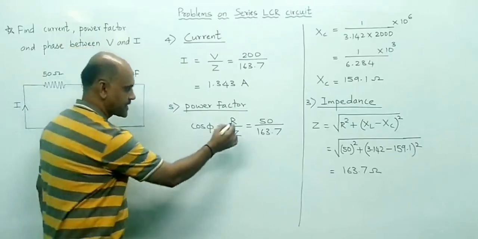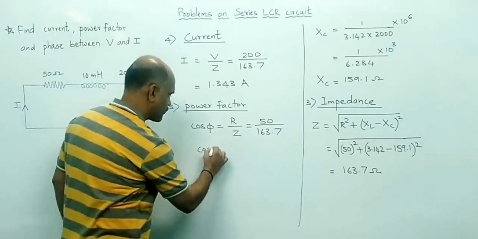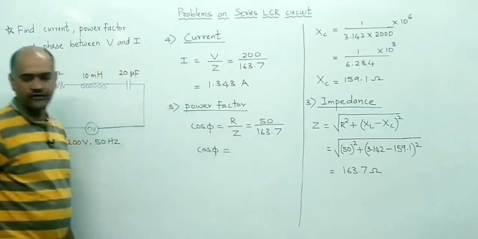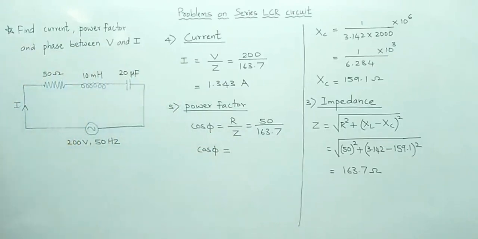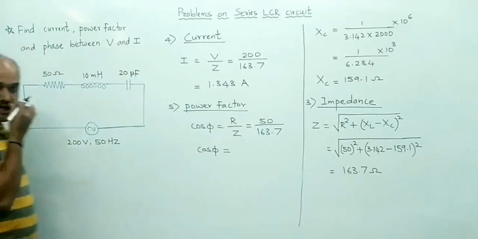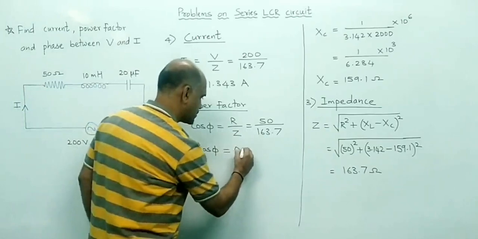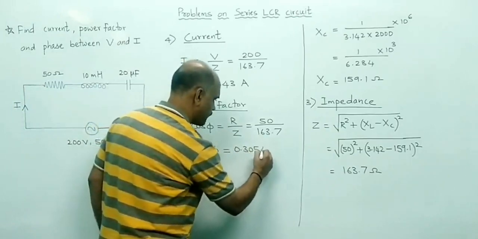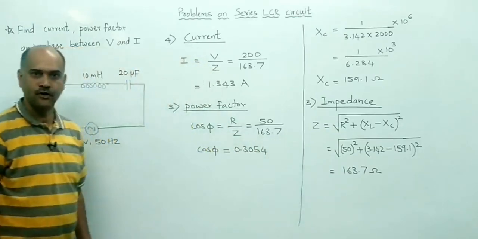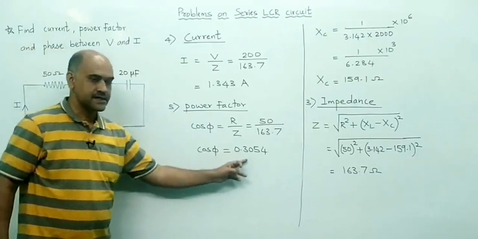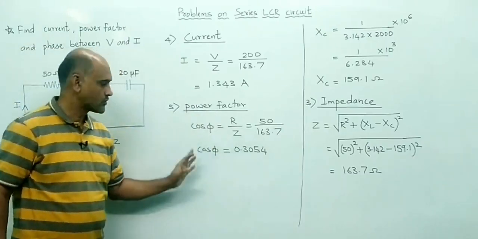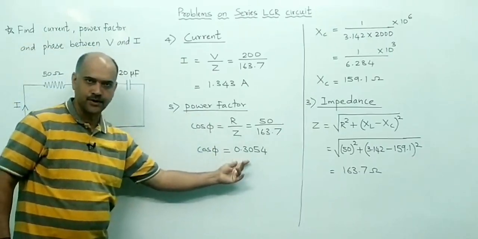So students, use a calculator and find the value of cos phi. So 50 divided by 163.7, you will get 0.3054 as the power factor. It doesn't have any units. Cos phi is just a number.